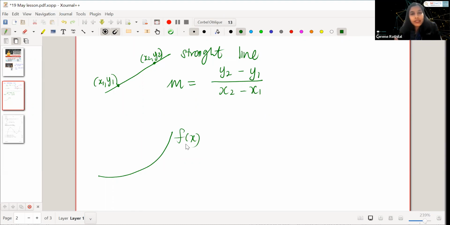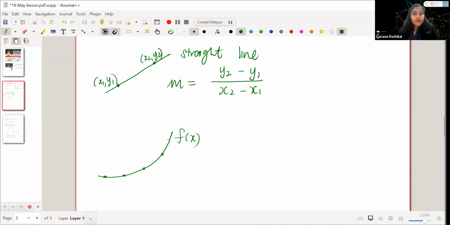Of course, the question now has to be modified, because this curve clearly has different gradients as we look at various points on the curve.